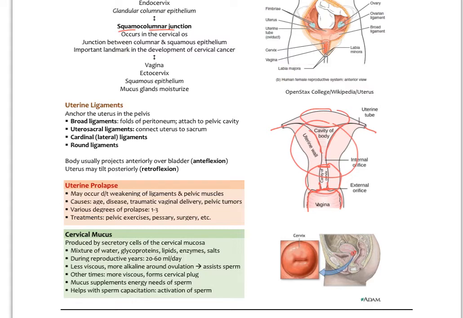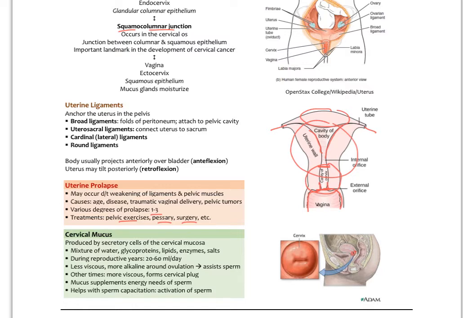That can be due to age or disease, traumatic vaginal delivery, pelvic tumors, and there are various degrees of prolapse, 1, 2, 3, 3 being the worst. And there are different treatments, from more supportive for the early stages of prolapse, like pelvic exercises, pessary devices inserted into the vagina to help maintain support for the uterus, or surgery.